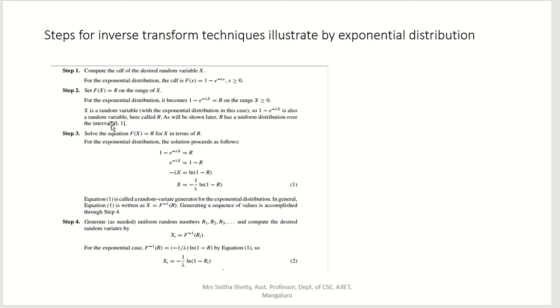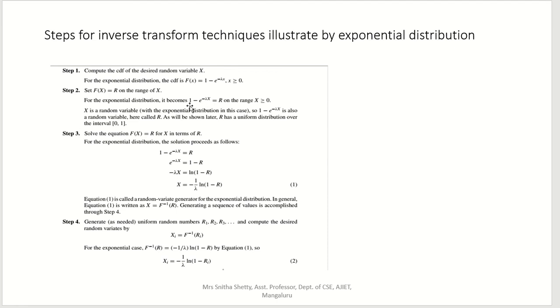Here x is a random variable and r is a random number. And as I already told, random numbers must be uniformly distributed between 0 and 1.